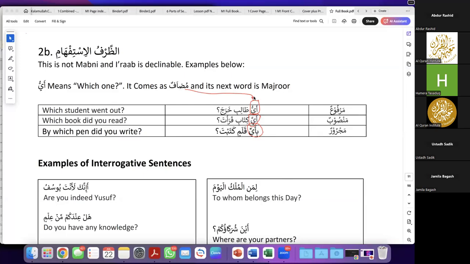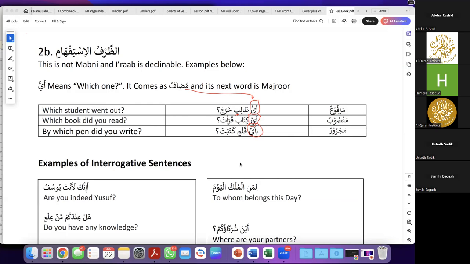Mudaf means that the word after it will be in the state of majrur, i.e. have a kasra, which is why talibi has a kasra, and there's no other reason but that ayyu plays a mudaf role. So ayyu talibi kharaja, which student went out.